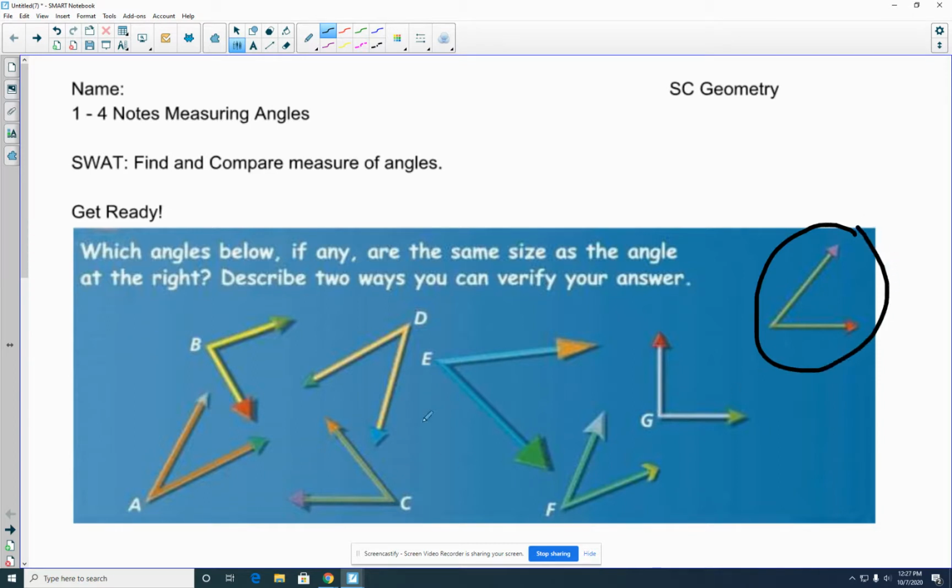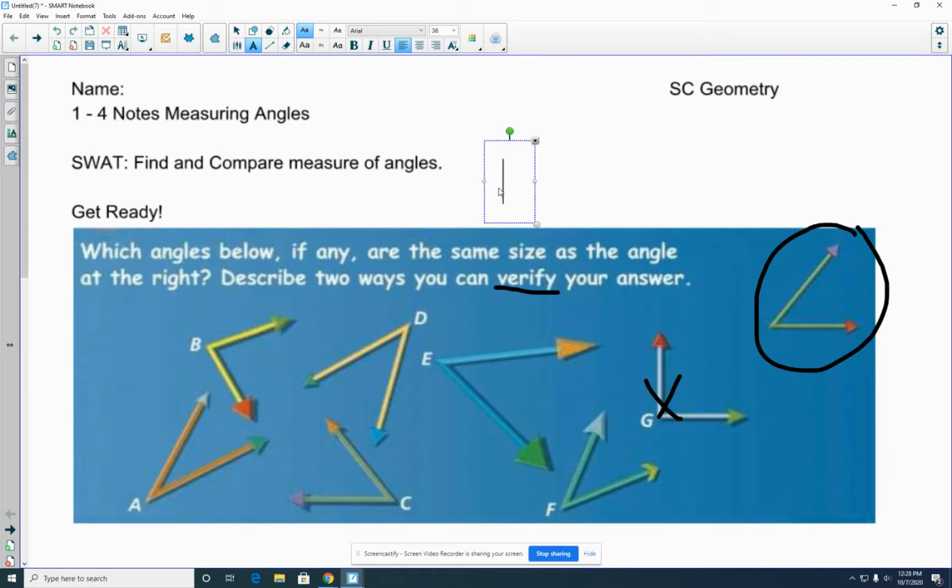If I take a look, I think it's pretty obvious that this angle G is definitely not the same size, and all of the other angles look to be around the same size as this angle over here. Now, we're not sure, I'm just guessing, right? So if I had to verify my answer, how could I do that? How could I make sure that these angles are all the same size? And what would have to be the same?